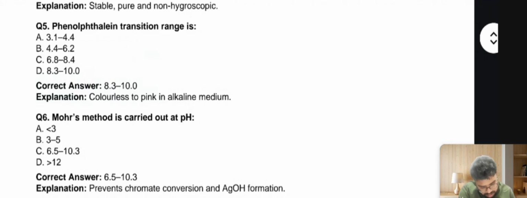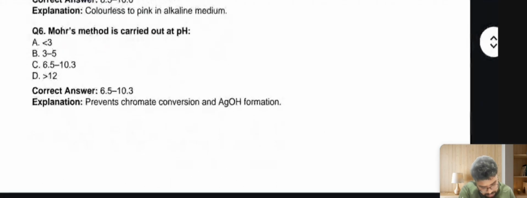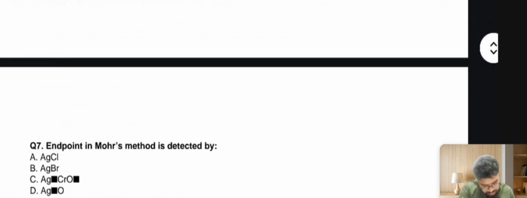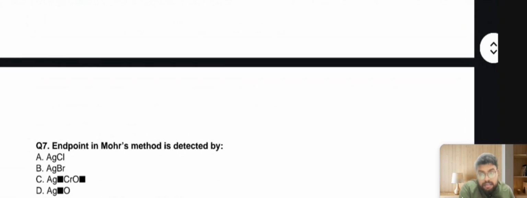So let's see question number 7. End point in Mohr method is detected by AgCl, AgBr, Ag2CrO4, Ag2O. Let's see the correct answer.